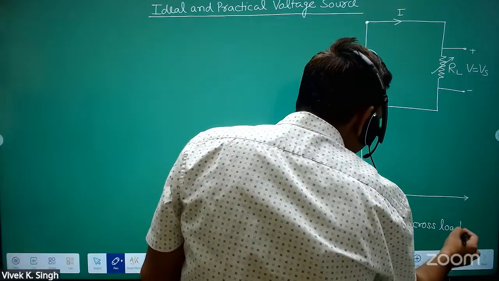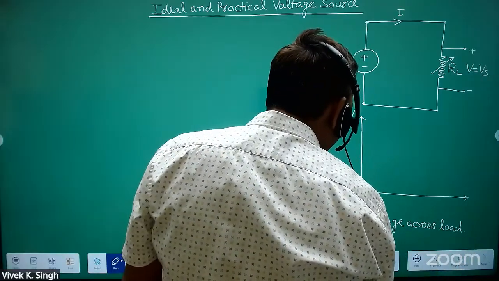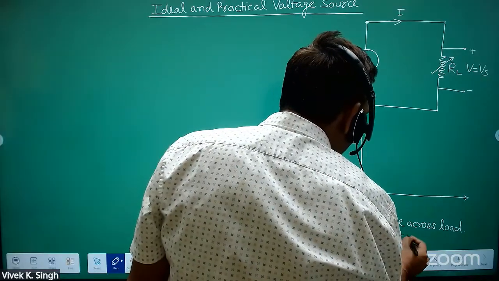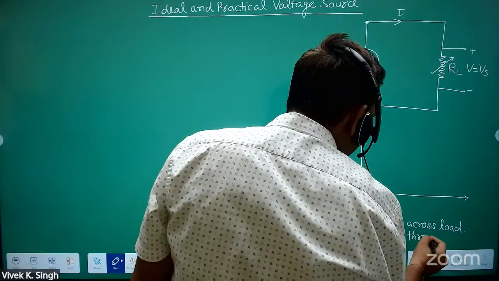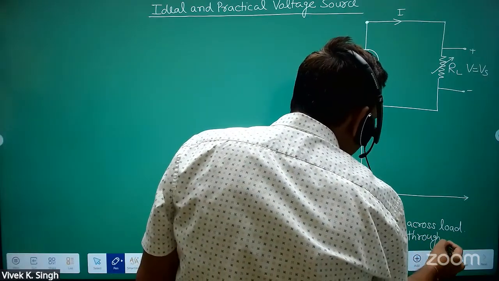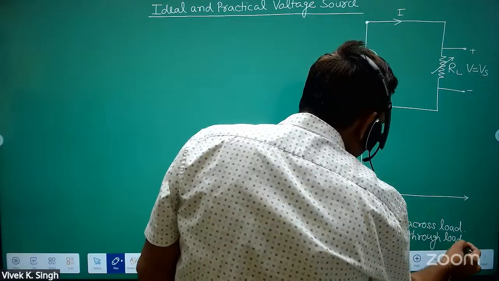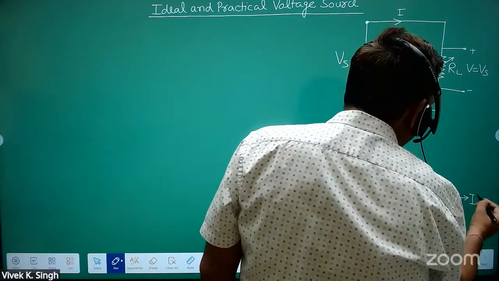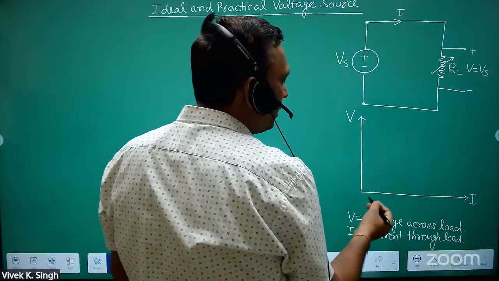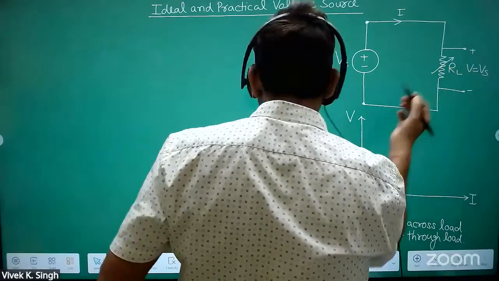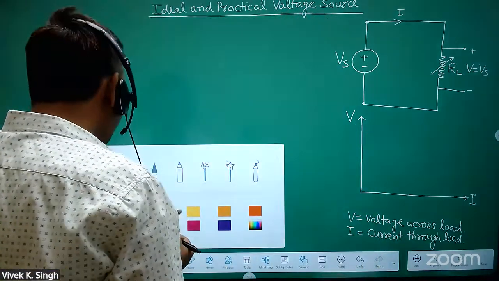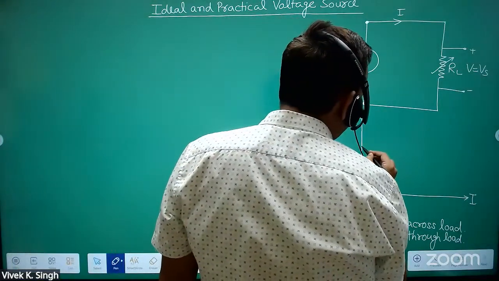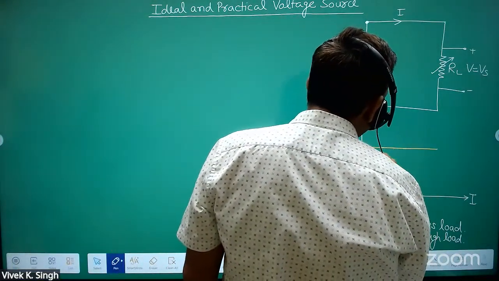Load means that can vary, and I is current through load. ठीक है? अब देखो, इस एक्सिस पे हमने I प्लॉट किया और इधर V प्लॉट किया. तो अगर करंट चेंज करोगे, so what will be voltage across load? ये चेंज होगा या नहीं होगा? Yes, sir. No, it will remain constant.